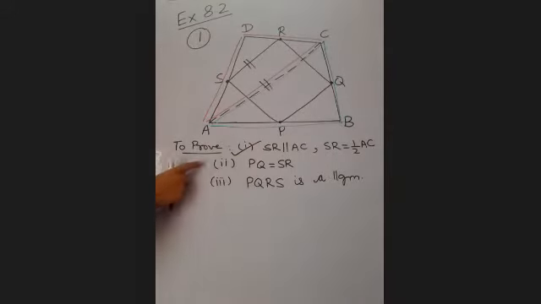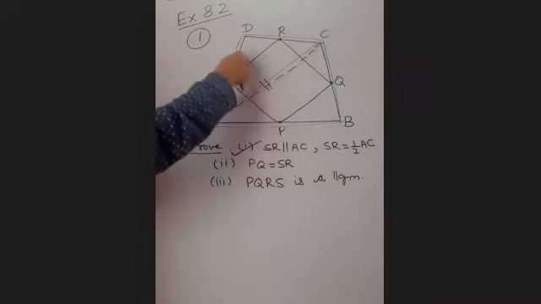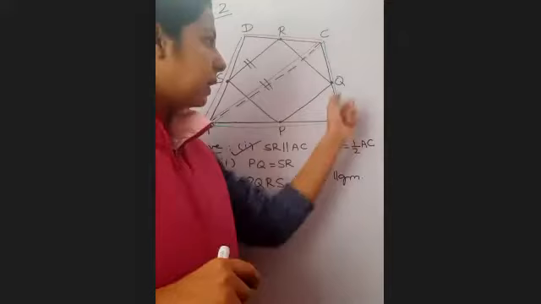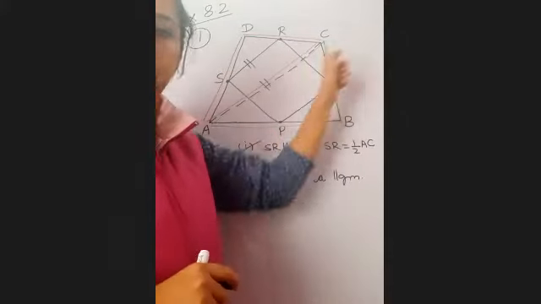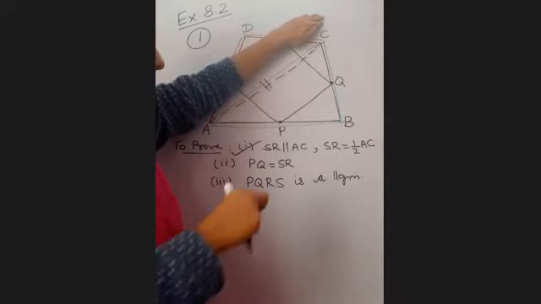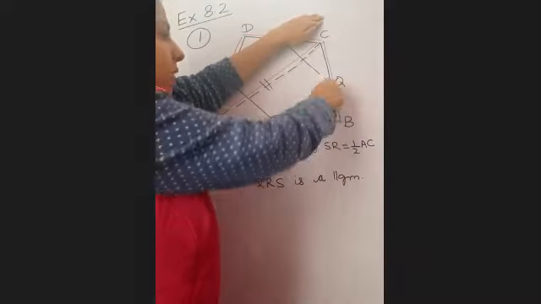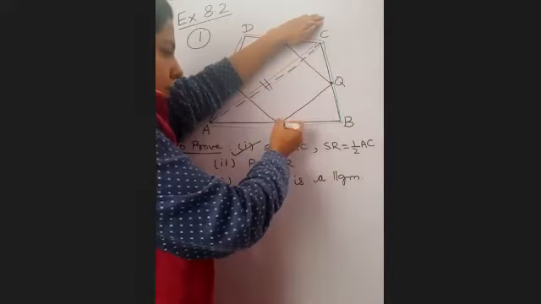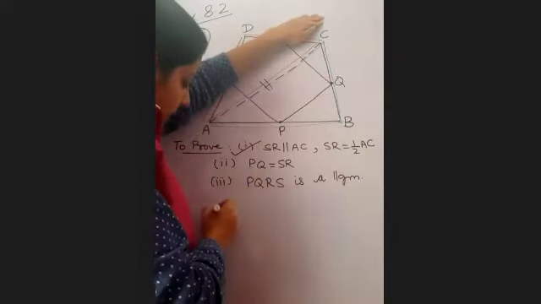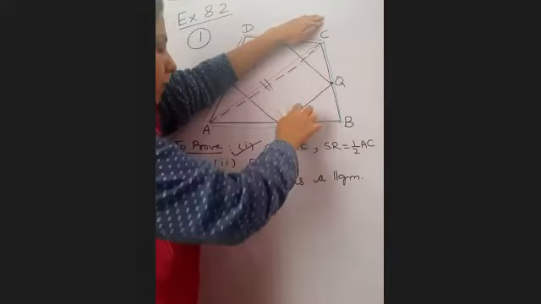Part 2, we need to show that PQ and SR are equal. Now PQ is a part of this green triangle. Let me just hide it. Again, beta, P and Q are the midpoints. By the midpoint theorem, what do we get?